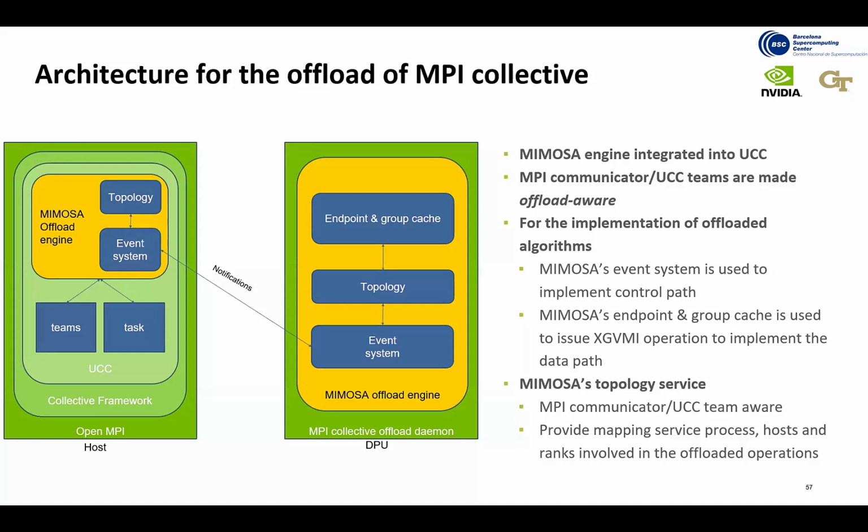And here I just mentioned event system and topology, because usually when you have communication between the UCC library on the host and the service process running on the DPU to execute the algorithm of the MPI collective, those are the two different components that are heavily used. So on the DPU, you only have Mimosa. You have a service process that uses the Mimosa library. And the Mimosa library, because of the way it's designed, remember I mentioned that all the communication is event-based.